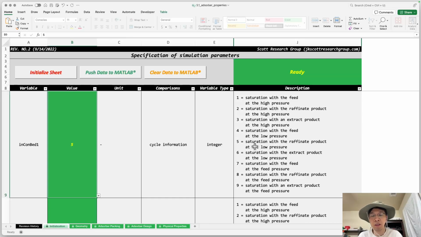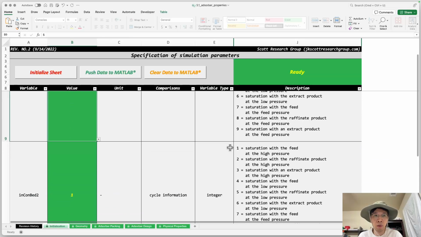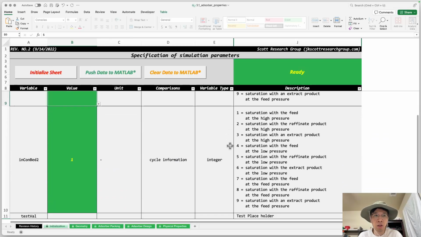So that perfectly corresponds to the saturation with the raffinate product at the low pressure. That's basically telling us the condition that's really close to what's there after you finish your purge step. So that's all nice and well, and we can move on to the next initial condition, right?